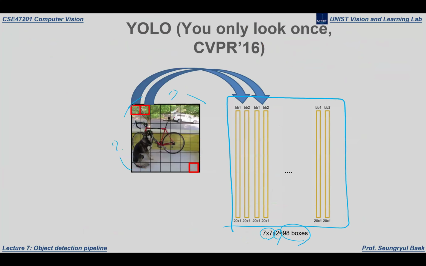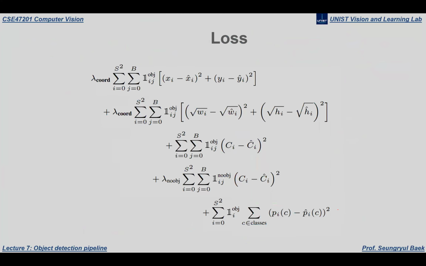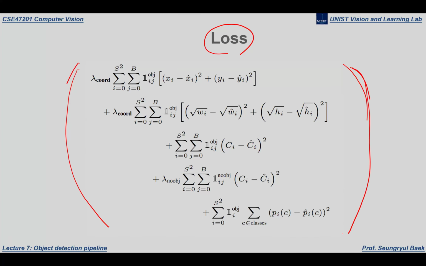But this is the initial YOLO algorithm, so I'm teaching that. Okay. And the loss function is not that difficult, though at first, if you look at this loss, it seems complicated, but it is not that complicated.